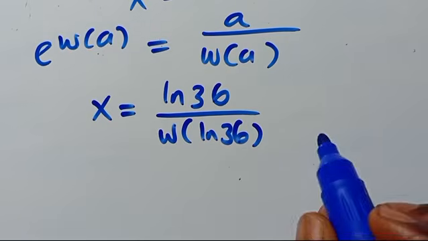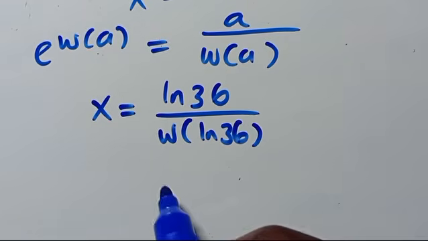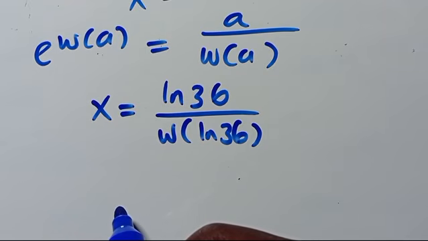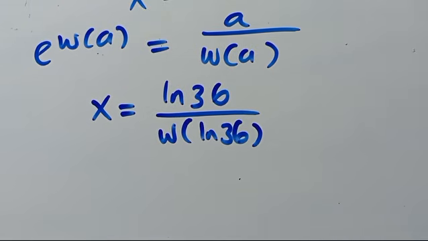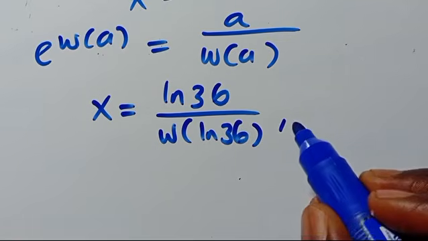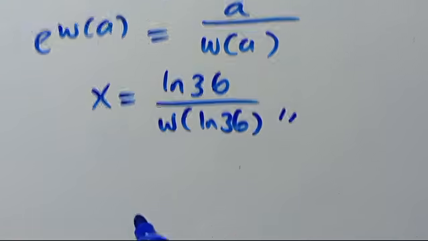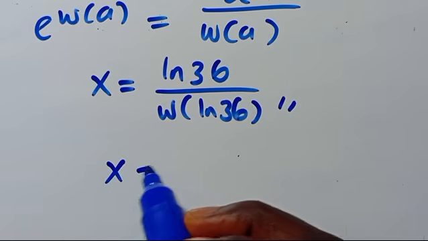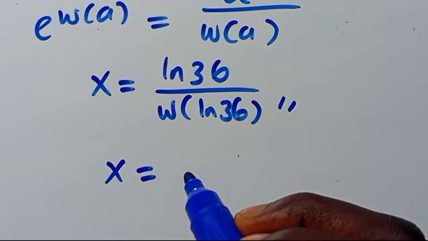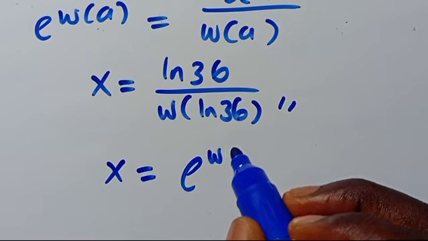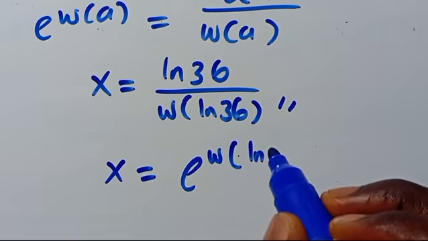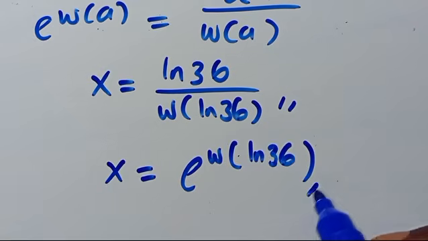So when you press this in your calculator, using the Lambert W function, we are going to have the numerical value. So therefore, this is the value of x, or you can have it as x equals e to the power of the Lambert W function of ln of 36. They are the same thing.